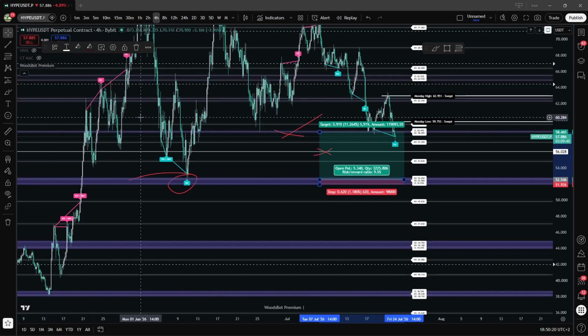But I like to have positive risk to reward ratio trades. You need a positive risk to reward ratio when you don't have a high win rate. If your win rate is around 50%, you need to have a proper risk to reward ratio. And most people have around a 50% or 40% win rate.